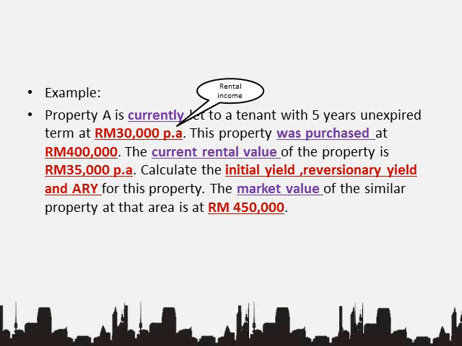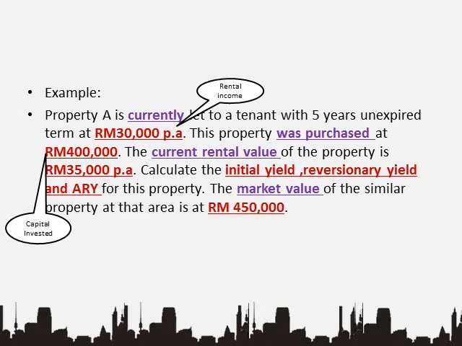So this is the current rental income received. Then, this property was purchased at 400,000, so it is the capital invested at the early stage of investment. If you want to invest in property, of course you need to buy the property. So this is the cost that you spent to get a property.